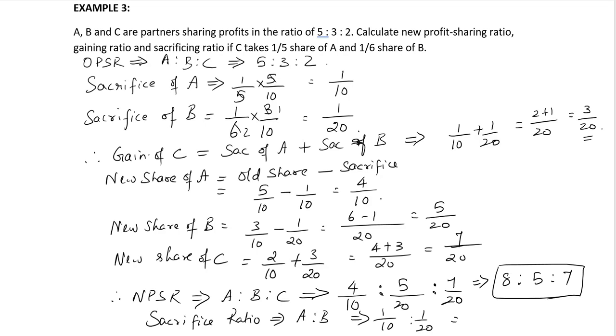So on taking the common denominator of 20, we get that the sacrifice ratio between A and B is 2:1. And there is only one person gaining, that is C, and his gain is 3 divided by 20. So let's summarize this.